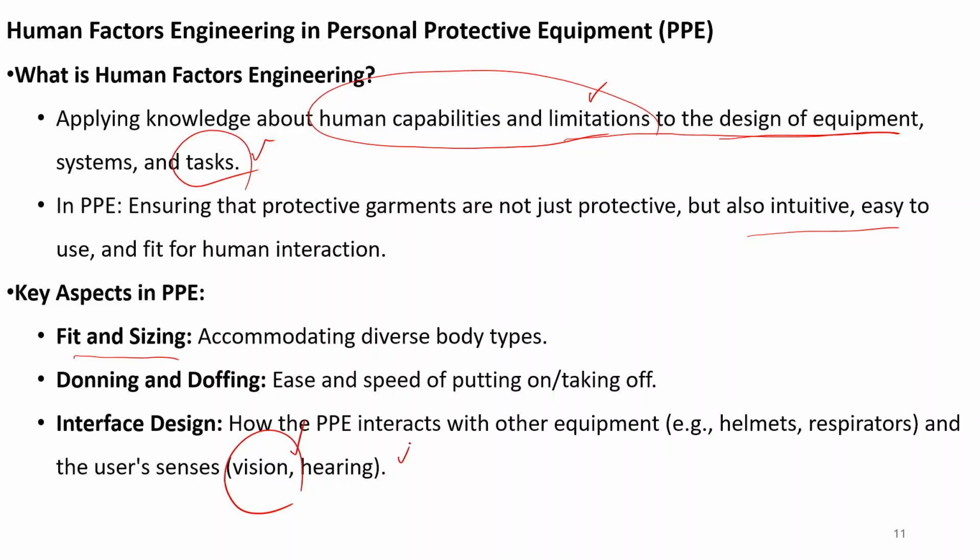So, proper design of the PPE is important here.